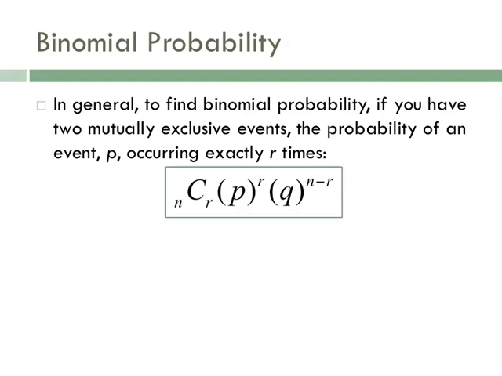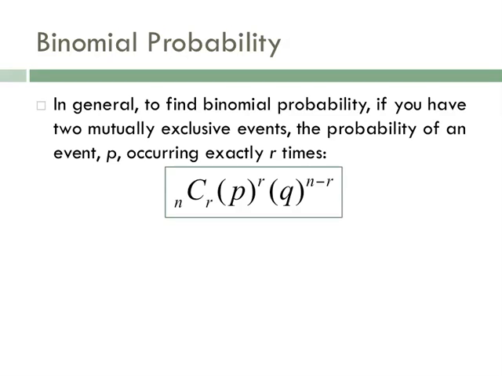Now notice at the front we have N choose R. What does that do? That's coming up with all the different ways that you could have P occurring. It could happen the first time, it could happen the second time, but it's still a different way of it occurring, and we need to account for all those different ways that we can have P occurring exactly R times.